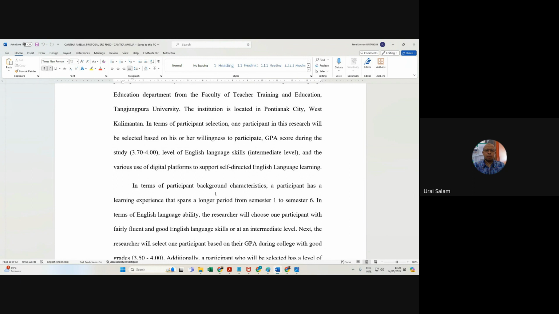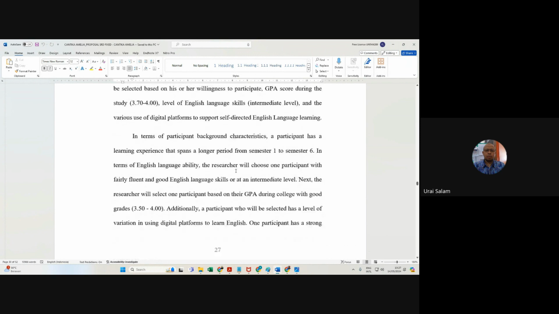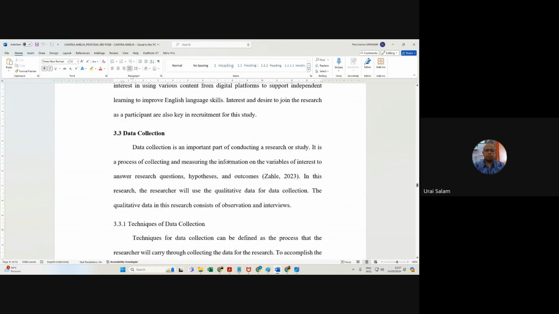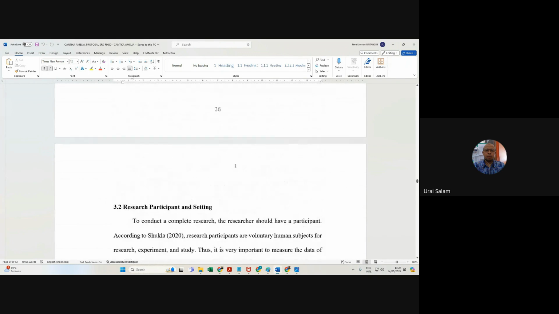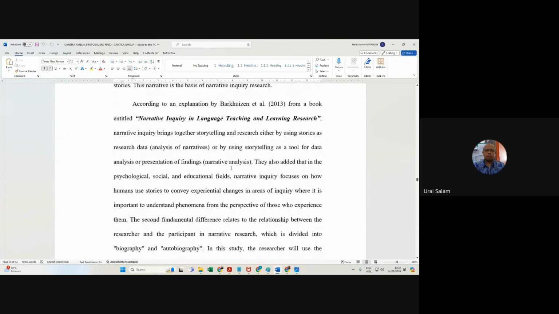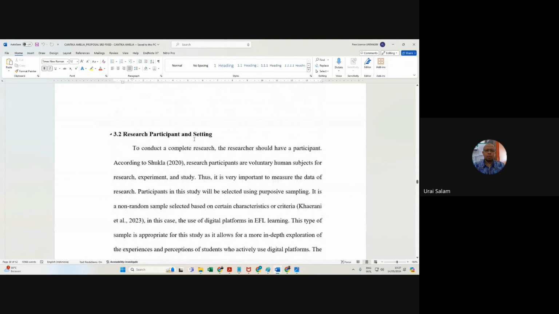But in a case study, it must focus on certain topics or certain ideas that become the focal point of your investigation. Okay, now that you should clarify in the definition of narrative inquiry.